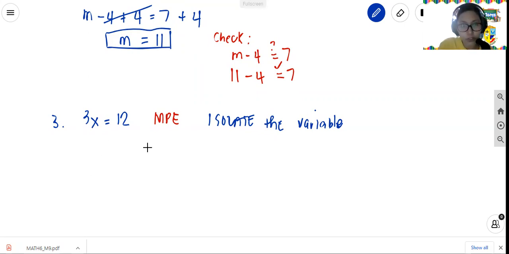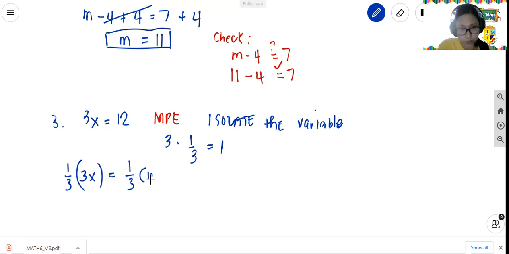The reciprocal of 3 is 1/3, because 3 times 1/3 will give you 1. And if you have 1 beside x, you don't need to write 1 anymore. It will just stay as x. So I will multiply 1/3 to 3x and also 1/3 to 12, because again, whatever you do on the left should be done on the right.